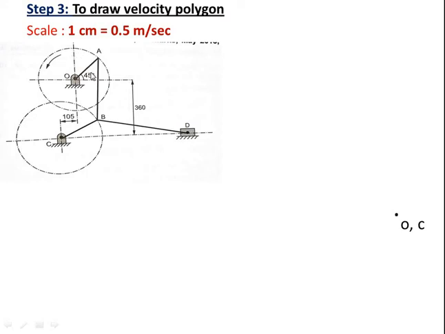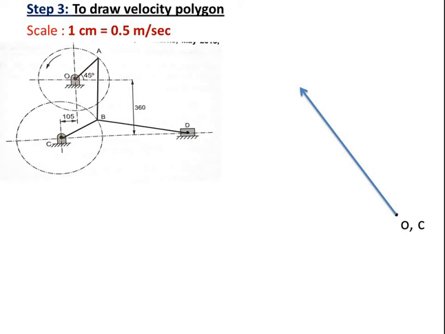Why upward direction? Because this is rotating in an anti-clockwise sense. The velocity vector is perpendicular to the link in the direction of rotation. So this is the direction of rotation, and it will be perpendicular in the upward direction. So from O, perpendicular to OA in the upward direction will be the velocity vector. Remember, don't say it is towards O. It should be in the direction of rotation.